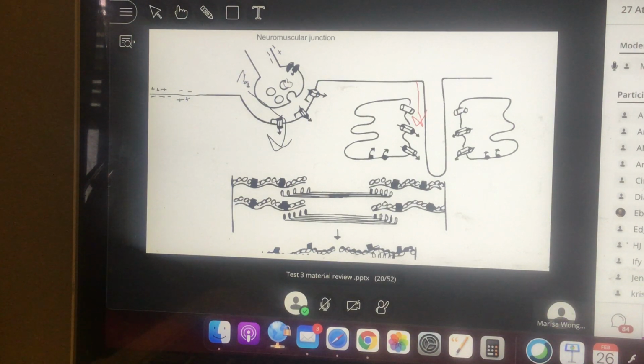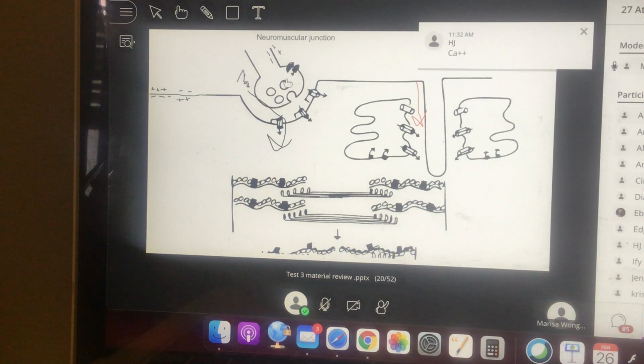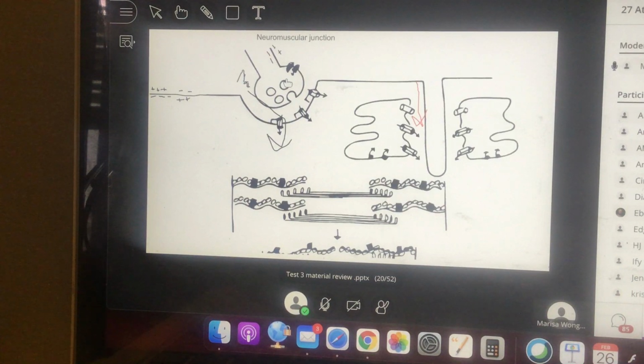But the thing that you need to just remember is that an action potential is synonymous, it's the same thing as saying sodium's entering the cell. So an action potential is associated with sodium specifically. I'll just leave it there for now. Sodium specifically entering the cell is what causes an action potential. Okay. Good. These are good questions.